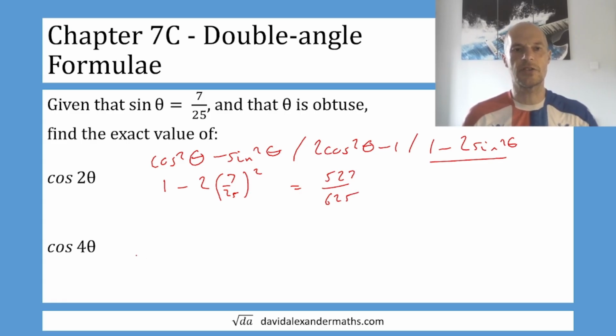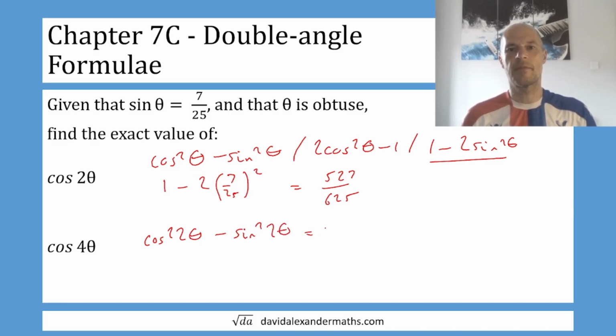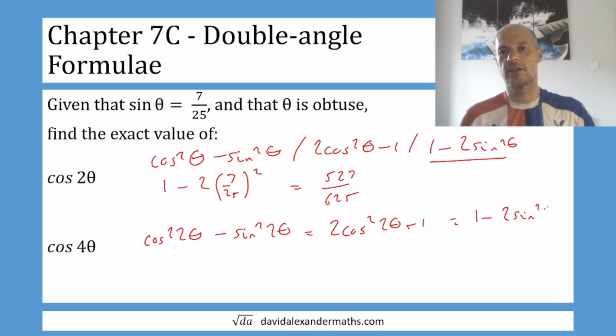Okay, now for the cos of 4 theta, we need to remember that this can be written as cos squared 2 theta minus sine squared 2 theta, which can also be written as 2 cos squared 2 theta minus 1, or 1 minus 2 sine squared 2 theta.